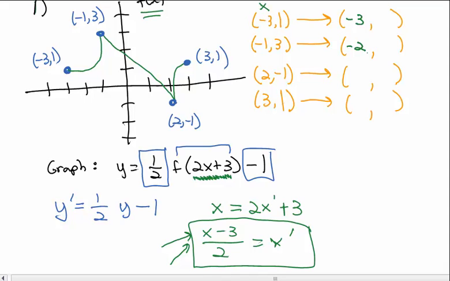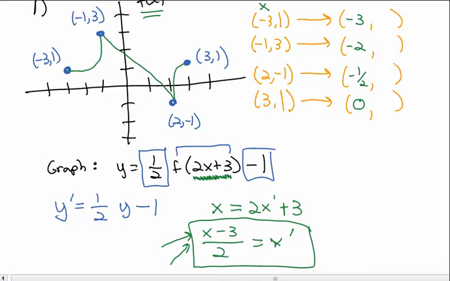The third point has an x-coordinate of 2. So I plug that in for our x. 2 minus 3 is negative 1 half. And then finally, my last point is 3. 3 is my x-coordinate. 3 minus 3 is 0 over 2 is 0. What we've done is we found all of our new x-coordinates by plugging them into the x formula that we found.